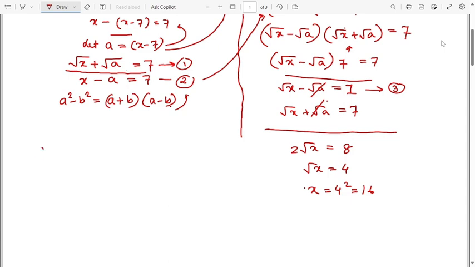Now let's check. The main equation is square root of x plus square root of x minus 7 is equal to 7. So now we are going to replace the value of x here. From the left hand side, what are we getting?